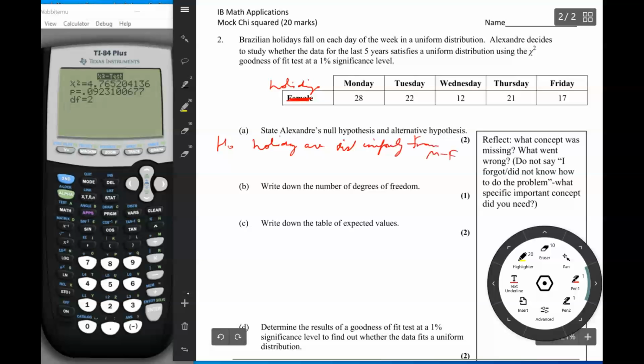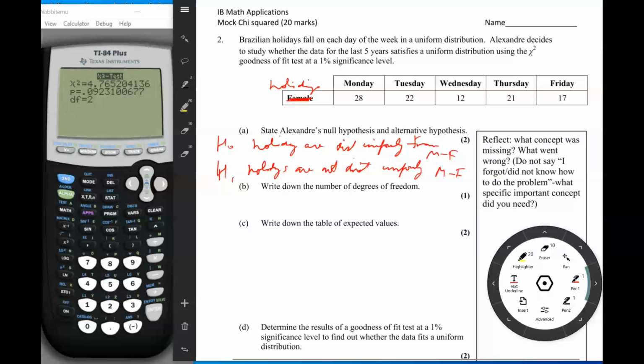Okay? And the alternative hypothesis, which we signify by writing H1, H subscript 1, we just write the opposite. Holidays are not distributed uniformly Monday through Friday.